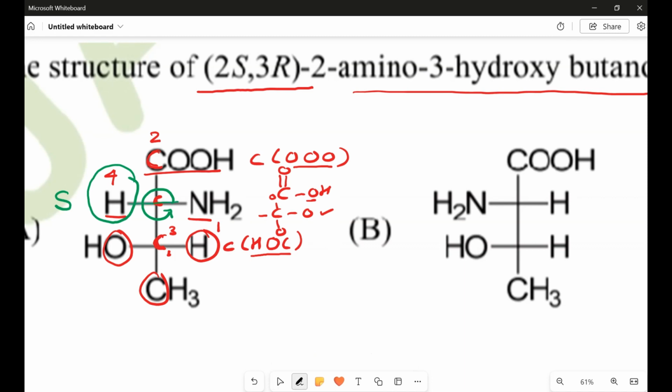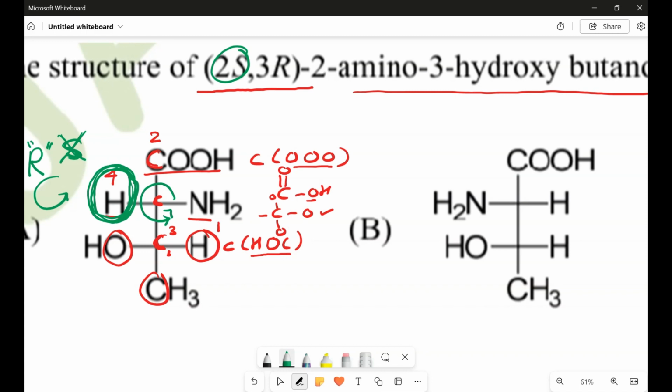So we cannot label R or S configuration by keeping the least priority group in the horizontal or near position. It should be far away from us. So strike out the configuration and write the opposite configuration, which is the correct one. So R is the configuration for the second carbon. But here they're asking for 2S, and it's 2R. So option A is wrong.